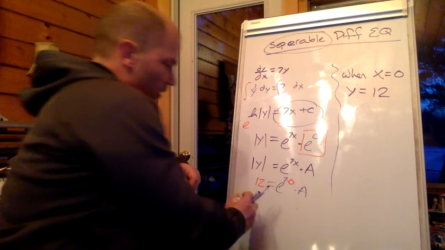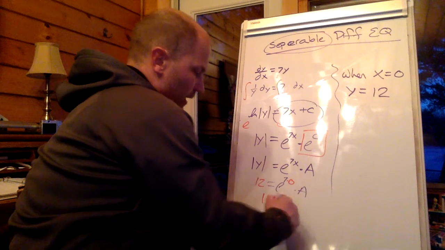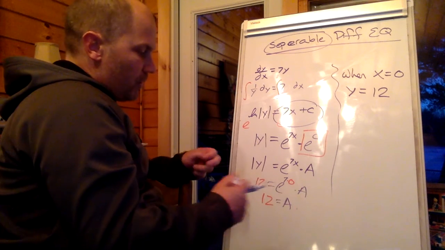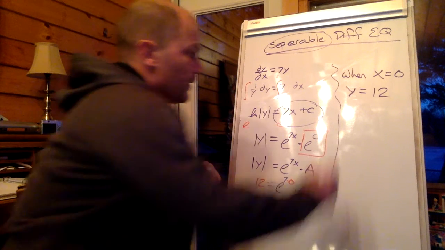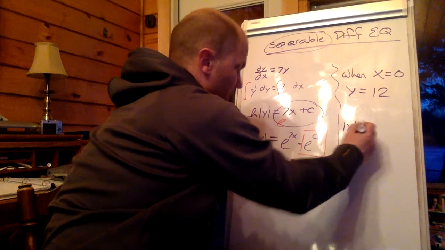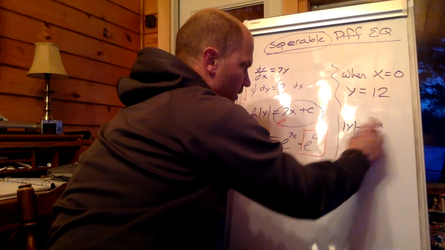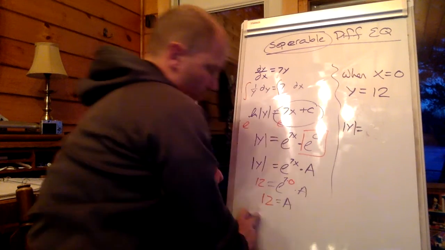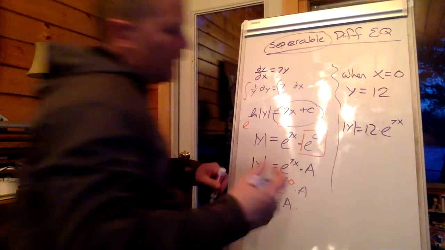So really what we just did is we realized that 12 is A. Therefore, the particular solution of this differential equation is the absolute value of y equals, oops, 12 times e to the 7x.